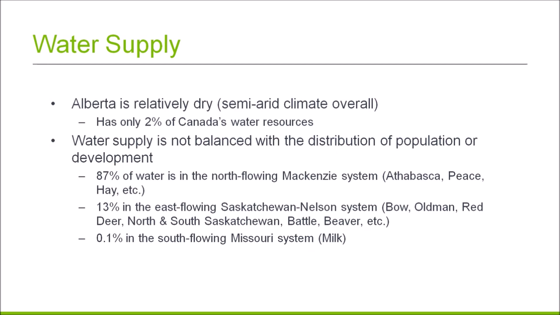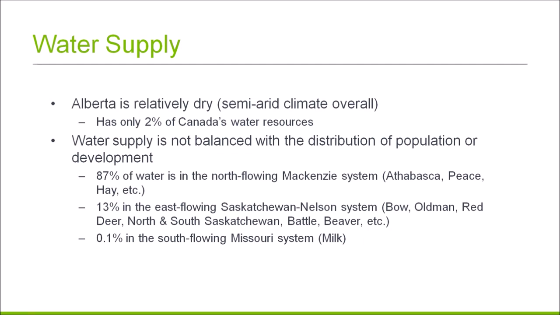Now, this is a summary of the information that I already provided. So Alberta is relatively dry because of its semi-arid climate. It has only 2% of Canada's water resources, and water supply is not always balanced with the distribution of population.